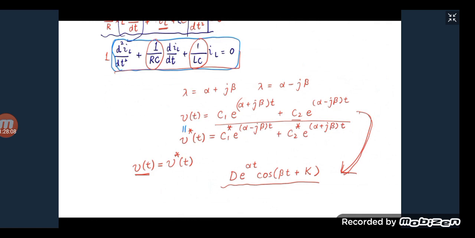So you can double check with this one, and you can see that this term is equal to this term, and this term is equal to this term. Okay, why? Because the two items have to be equal.